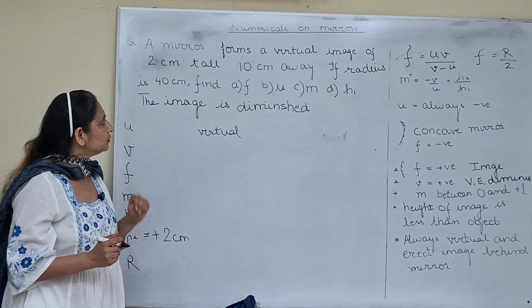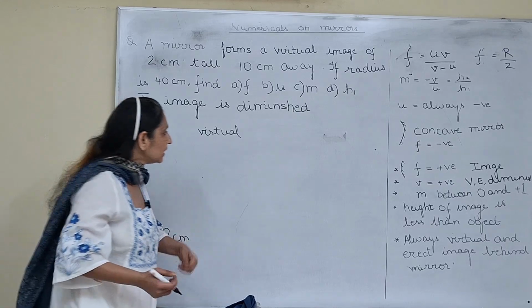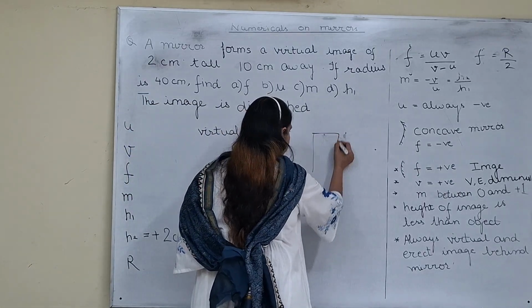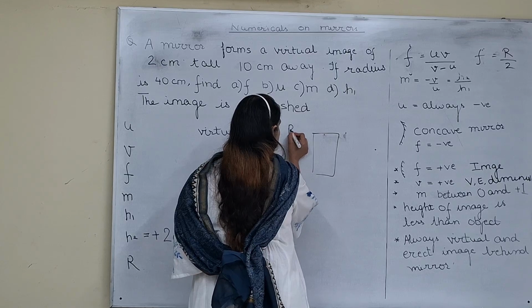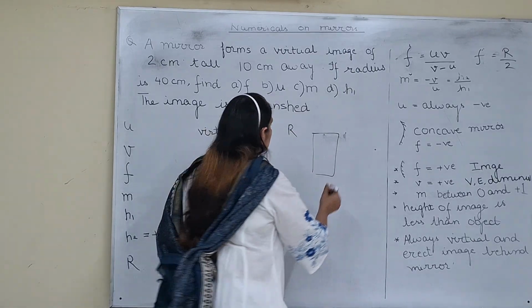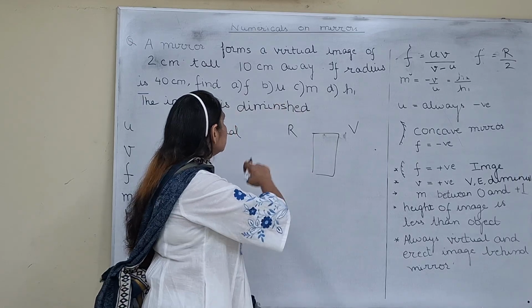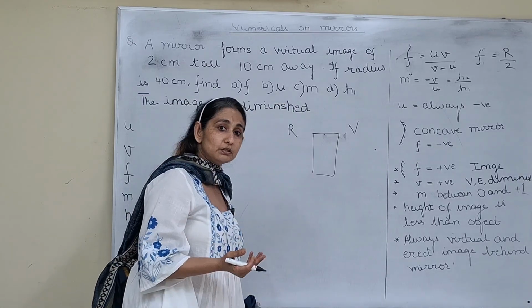Now virtual tells us many things. Suppose we have any mirror. This is the real side of the mirror and this is the virtual side of the mirror. Now the image is 10 centimeter and is virtual.